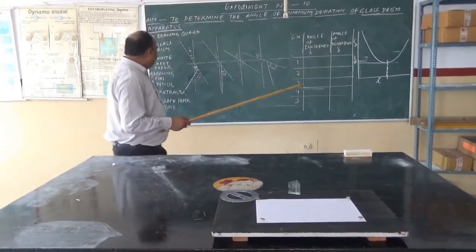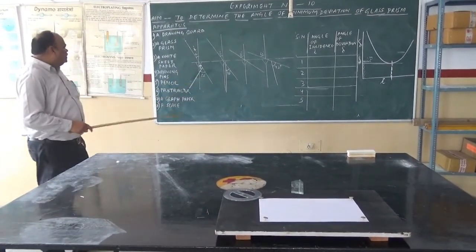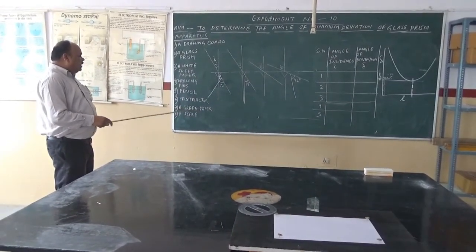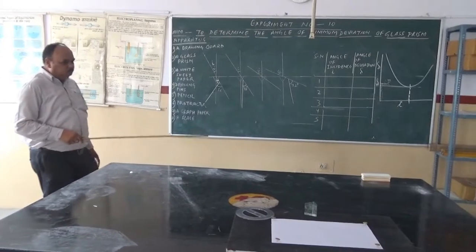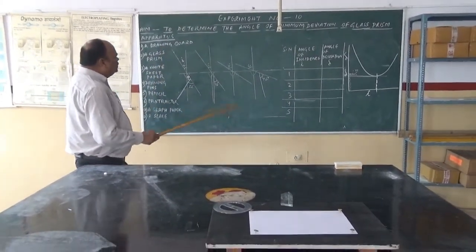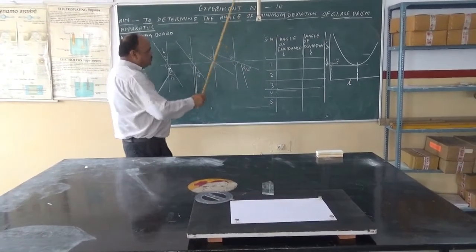It is used to measure the angle of incidence and angle of deviation, and a graph paper and a scale. So such things are required to get an angle of minimum deviation.